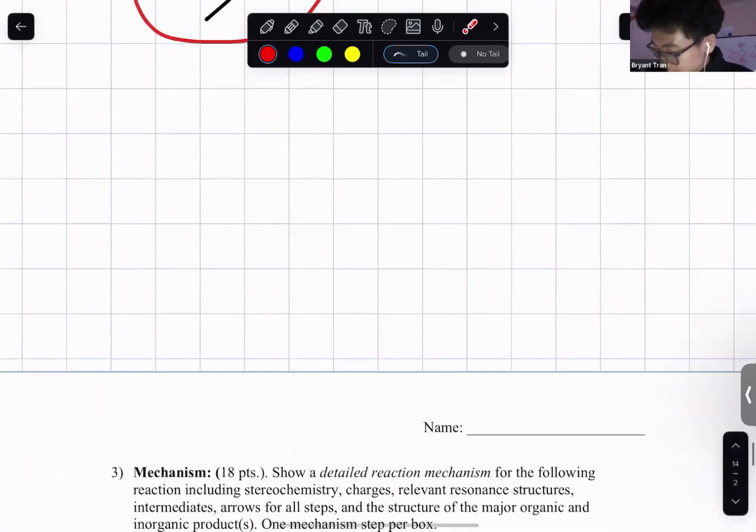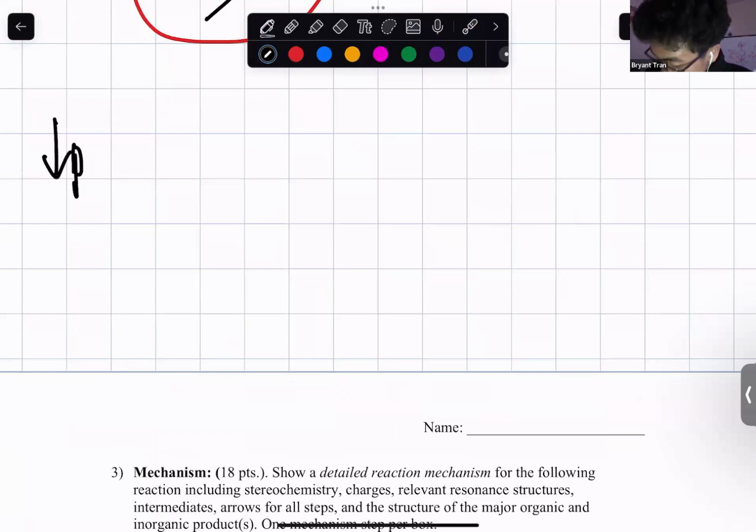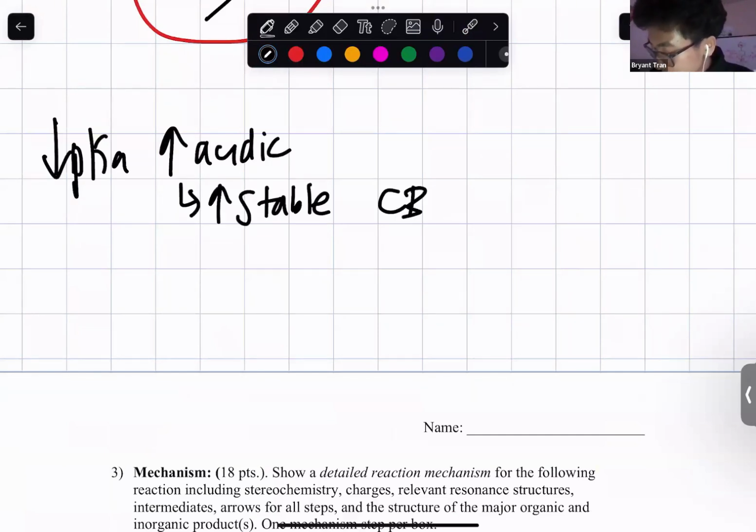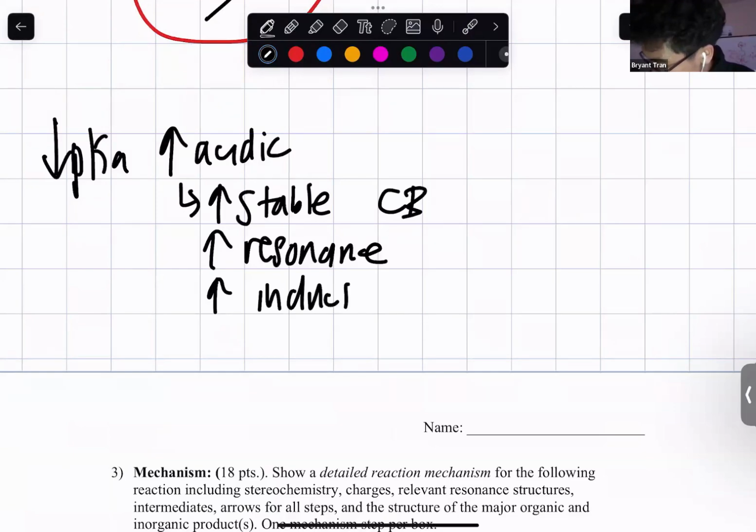Conceptually here, low pKa means more acidic. More acidic means more stable conjugate base. More stable conjugate base means more resonance or more induction, right?